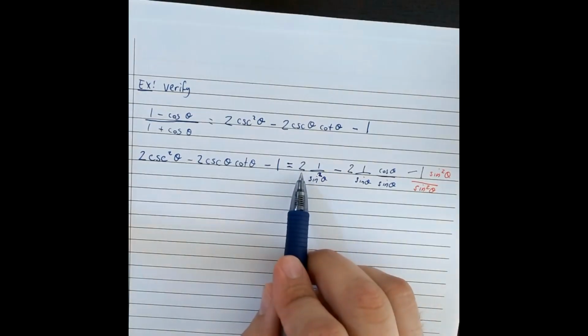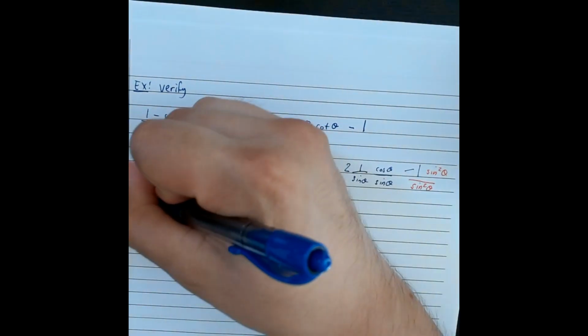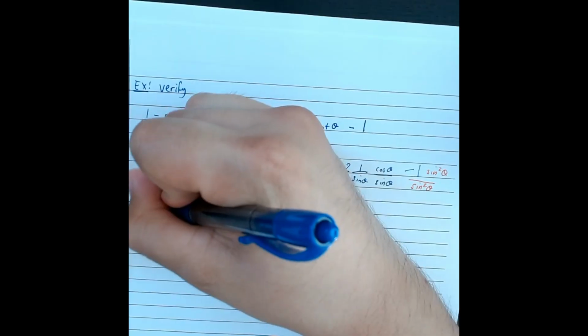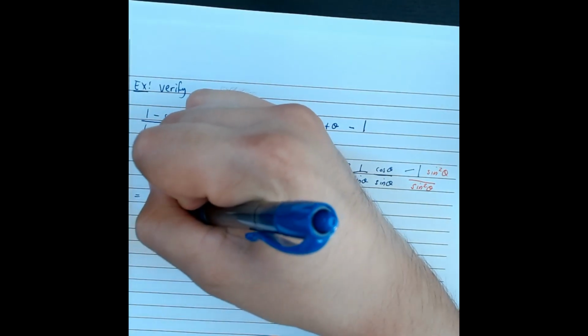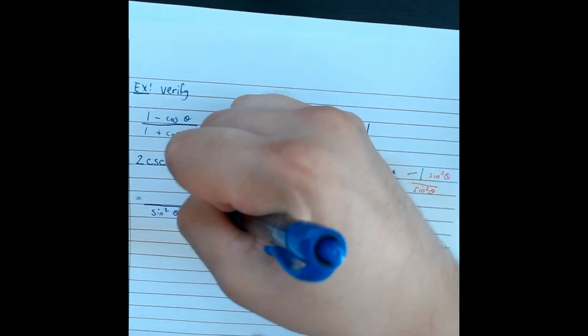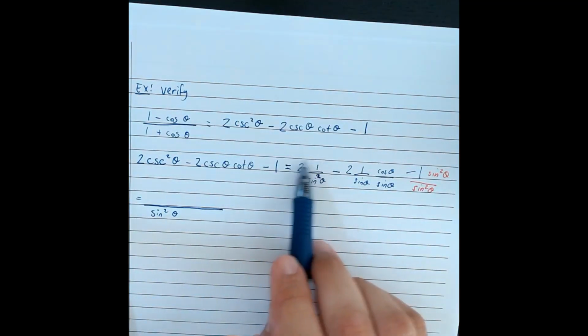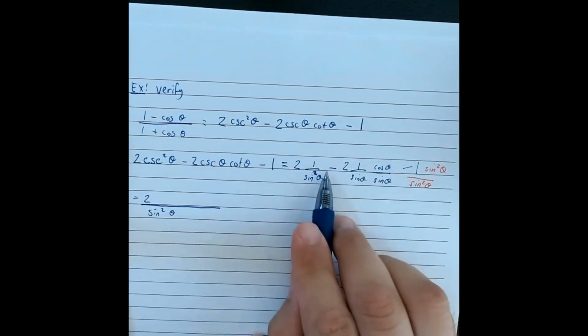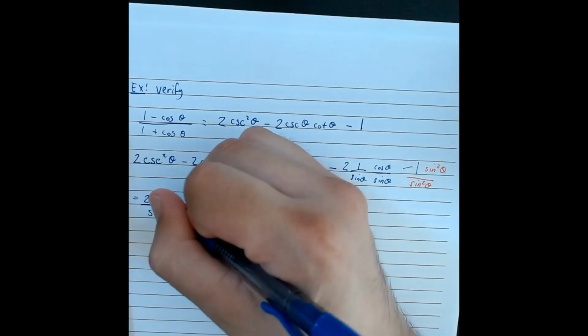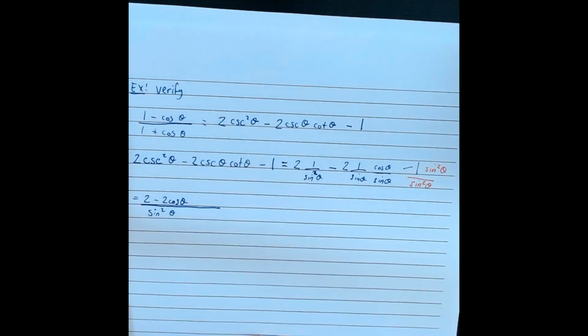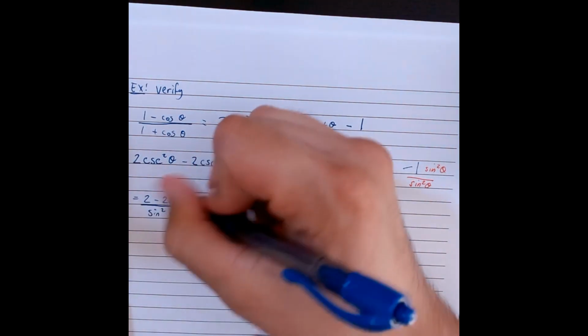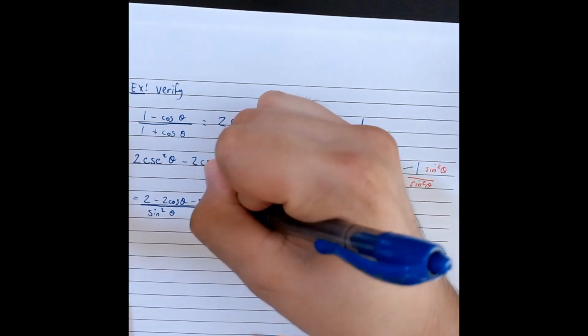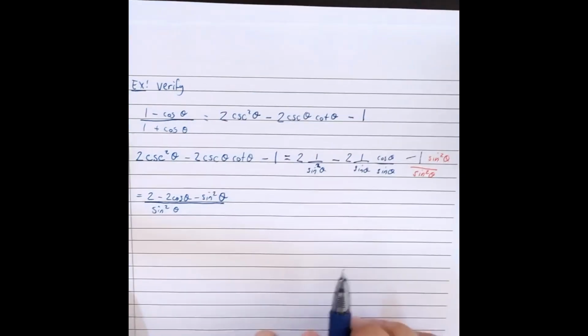My common denominator is just going to be sine squared of theta. And my numerator is, well, let's see, that's the number 2, minus 2 cosine of theta, minus sine squared of theta. Just like that.